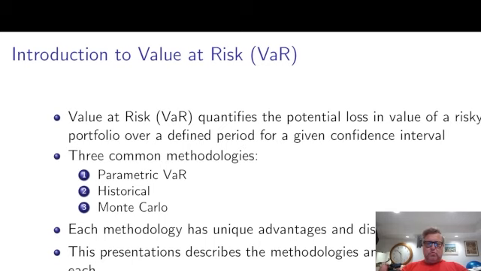So we will go through the methodology of each of the methodologies and provide the pros and cons of each. There are many asset classes in the world, but we will focus on fixed income, which are bonds, interest rate swaps, and FX products, with FX products mostly FX spot and FX forwards and FX swaps, but we won't talk much about options.